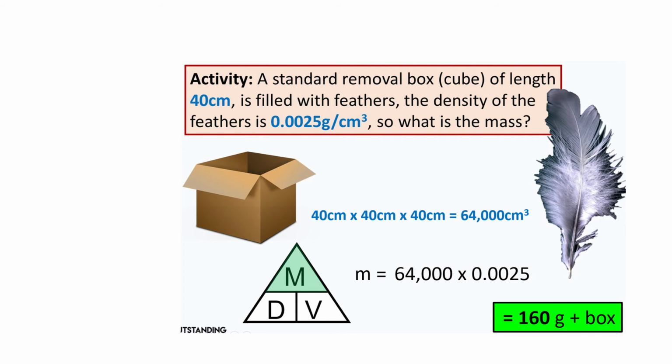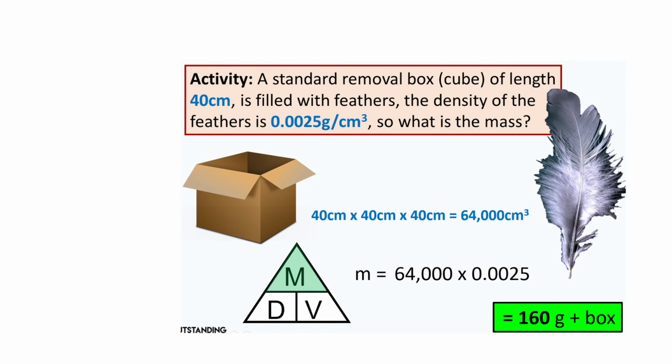A cube, remember, has all equal lengths, so you can work out the volume very easily by doing 40 times 40 times 40. If you're wondering where that 64,000 came from, that's just the volume, using the fact that a cube has all equal lengths. If one length is 40 centimeters, it's 40 centimeters all the way around that cube.